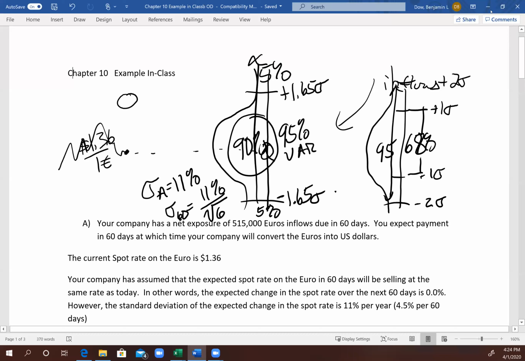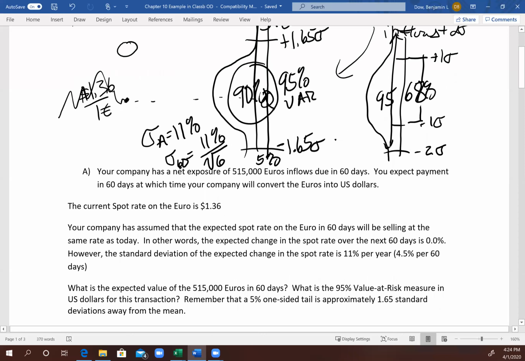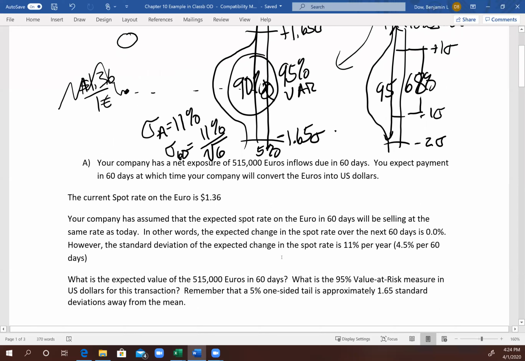So let's go ahead, though. We've sort of read through the problem. Remember, we've got 515,000 euros coming in 60 days. We've got a spot rate of $1.36. We don't really know what's going to happen to the euro.